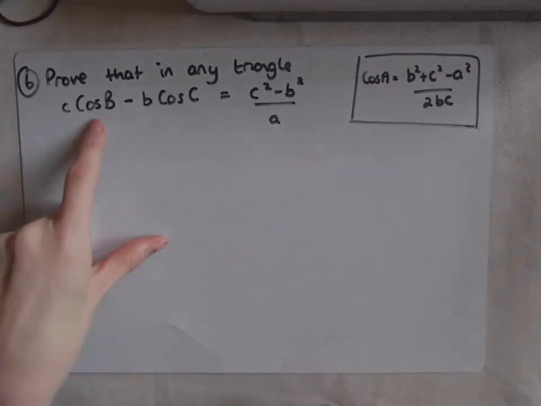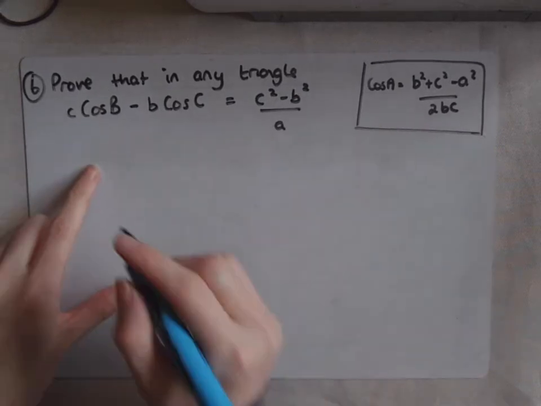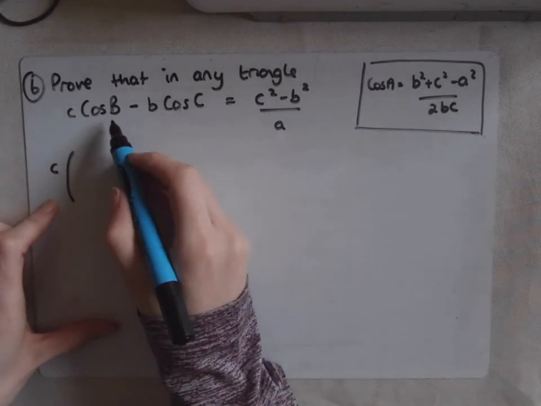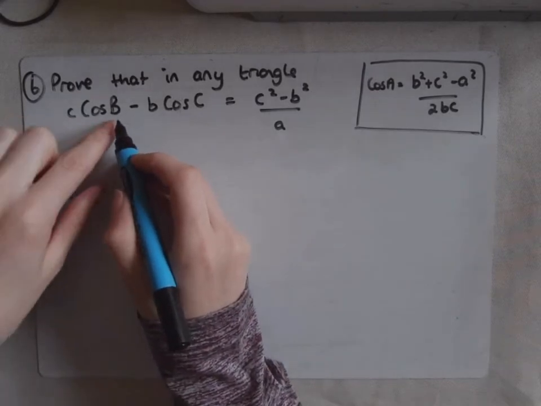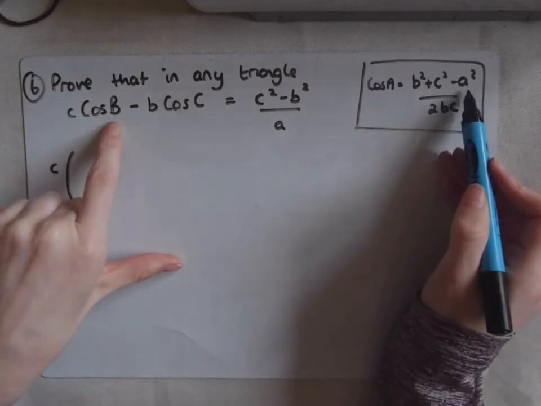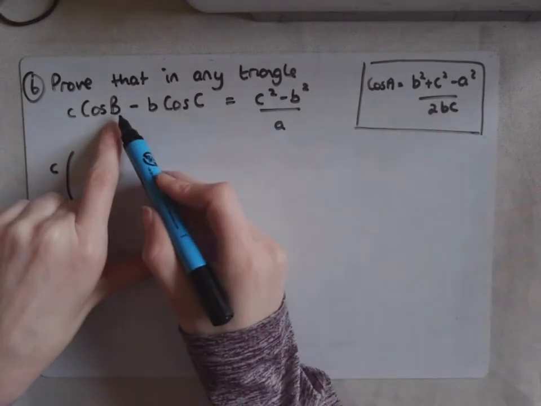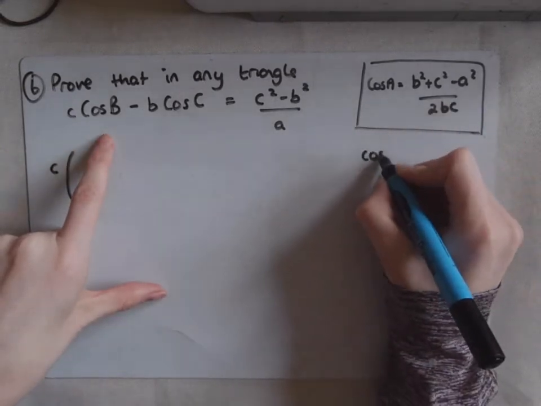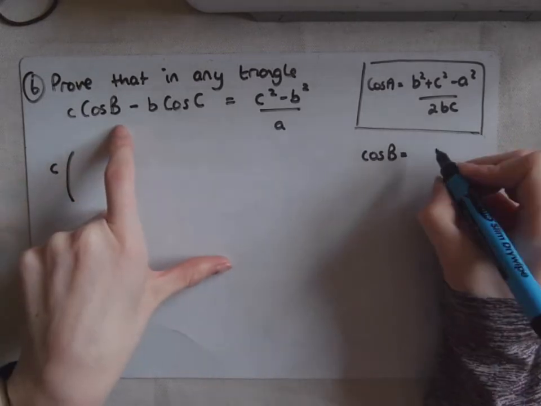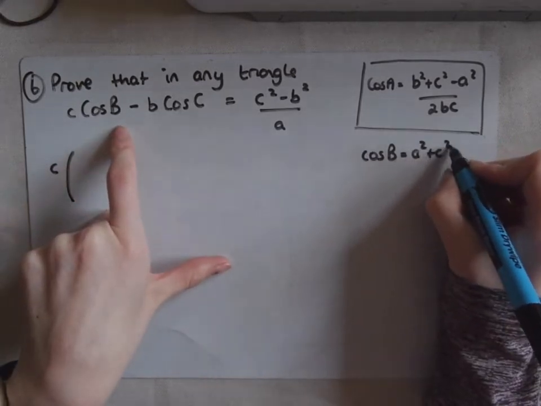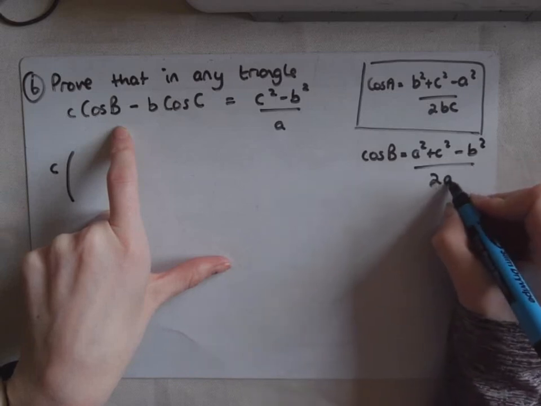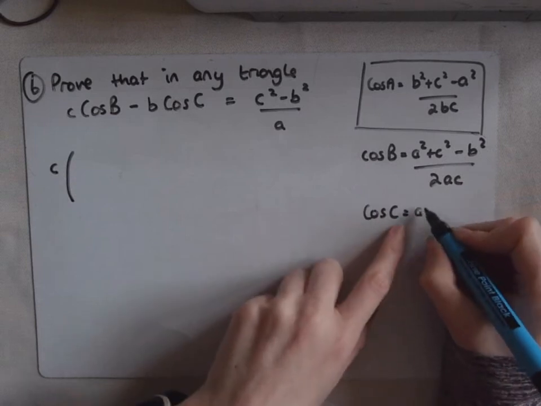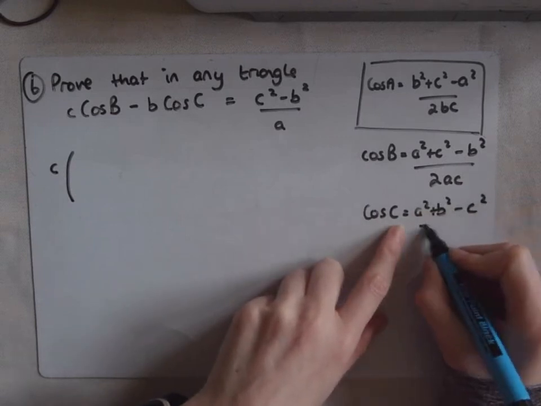So we need cos B and cos C. So c times cos B. When it's cos A, I'm taking away the small a. So when it's cos B, I'm taking away the small b. It's going to be a squared plus c squared minus b squared over 2ac. And cos C is going to be a squared plus b squared minus c squared over 2ab.